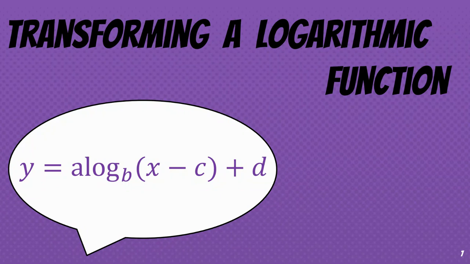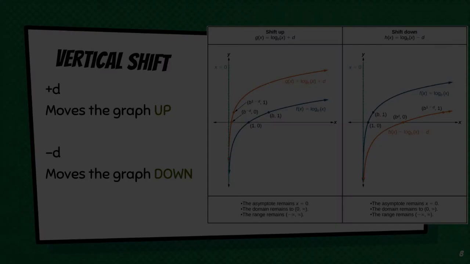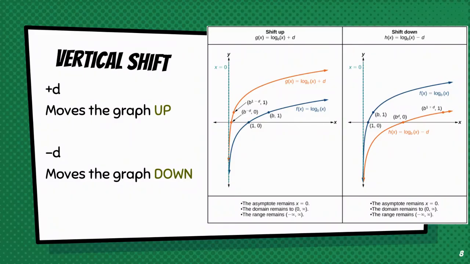When we transform a log function, we use this form. Remember, C and D are interchangeable with H and K. They still all have the same functions, okay? We've got A, we've got B for the base. We've got C or H, and we've got D or K. A vertical shift is D, or again, we could use K. Either one is fine.